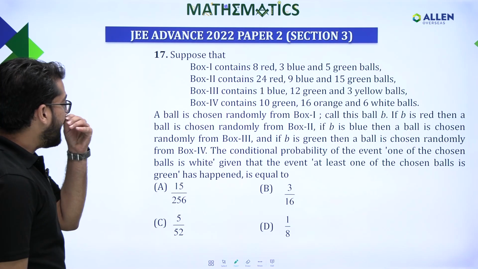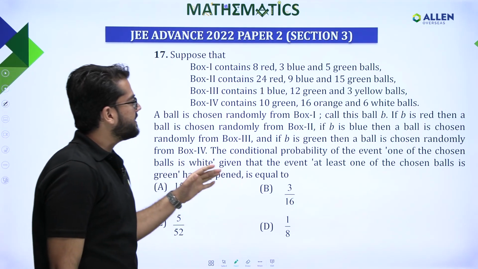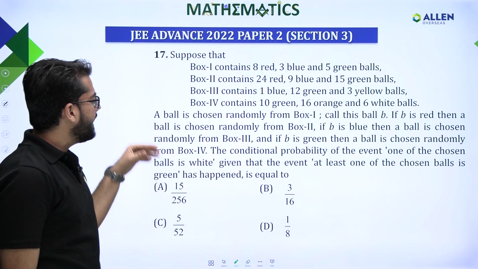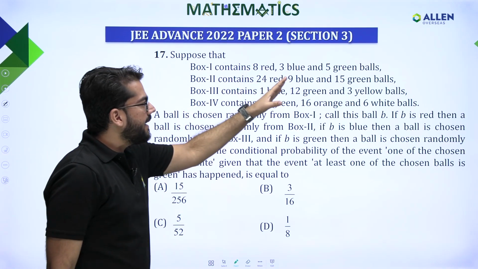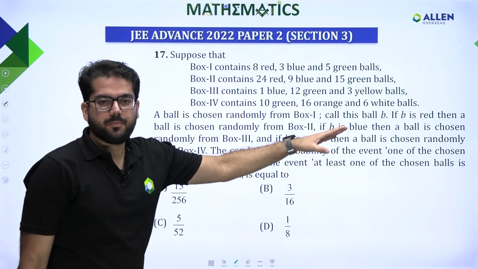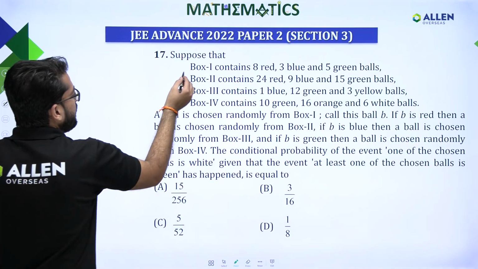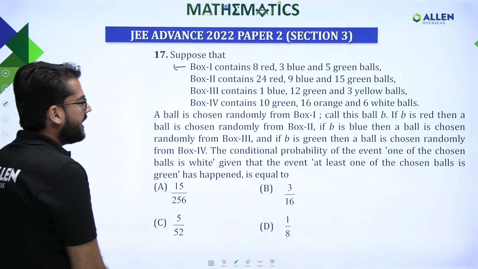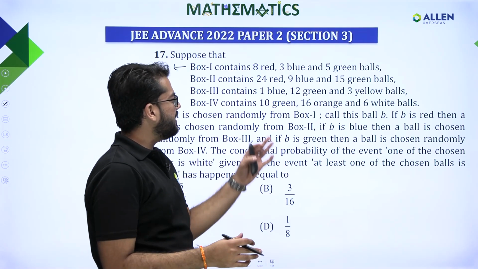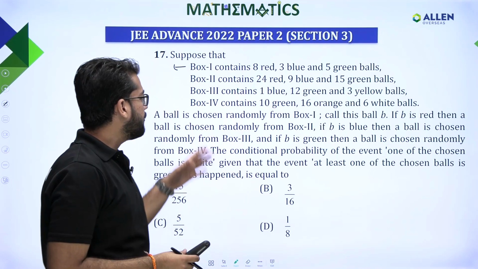Now the next question is an interesting one once we read it properly. Box 1 contains 8 red, 3 blue and 5 green balls. Box 2 contains 24 red, 9 blue and 15 green. In short, we have the data for 4 boxes.